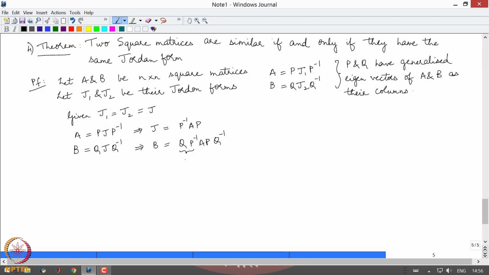So, if I take this to be R inverse, then I can write it as R inverse A R. Now, this implies that if I am able to write B as R inverse A R, then A and B are similar matrices. With this, R is the modal matrix.